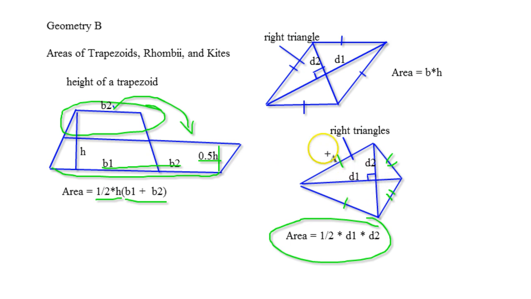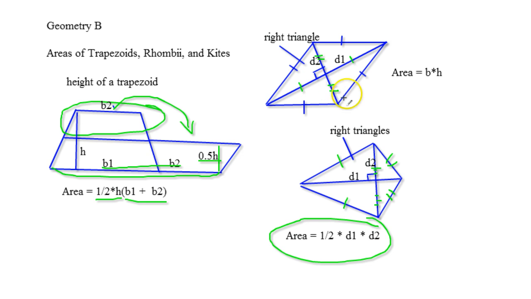If you're given D1 and then this side right here, you may need to use the Pythagorean theorem to find the missing diagonal side. Now another cool property is that in kites, these two are going to be congruent. So if you know one of them, you know the other measurement, so you can get the total length of diagonal 2. And on this one, these two are going to be congruent as well as these two.